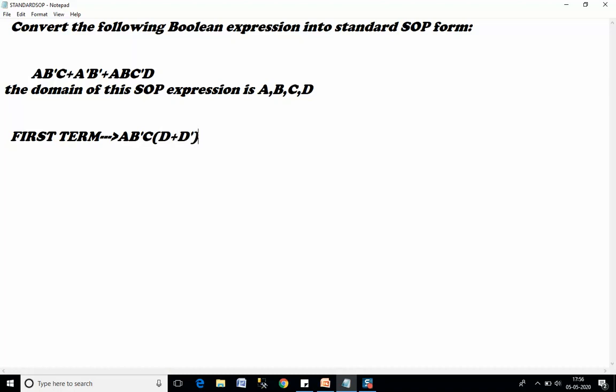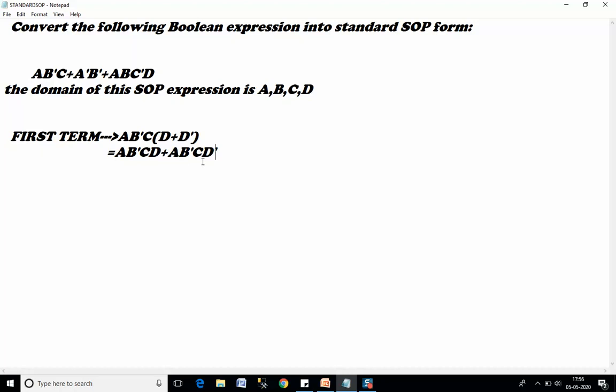That will be equal to A B complement C D, or A B complement C D complement. So my first term, which was A B complement C, is now A B complement C D, or A B complement C D complement. That means I will replace this term with these two terms, but these are now in the standard form.